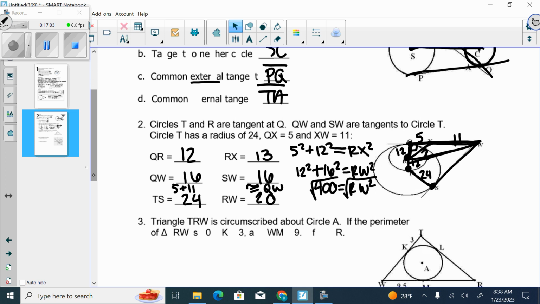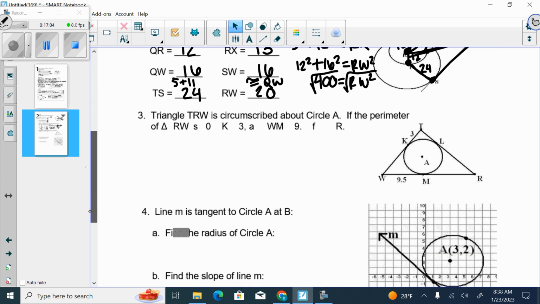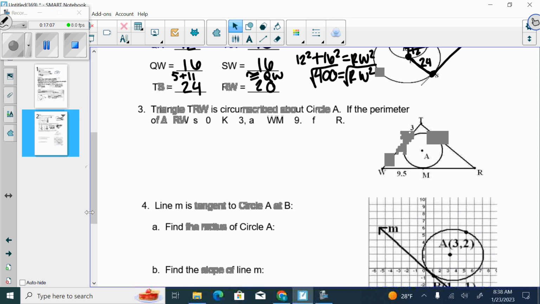All right, number 3 says triangle TRW is circumscribed about circle A. If the perimeter of triangle TRW is 50, TK is 3, and WM is 9.5, find TR. So this might be a new term for us.